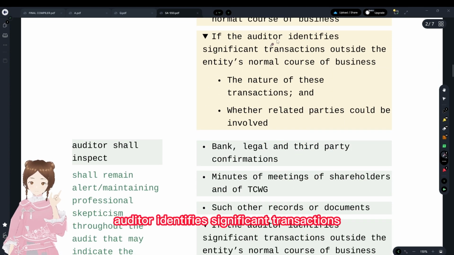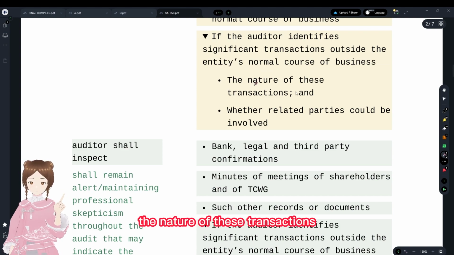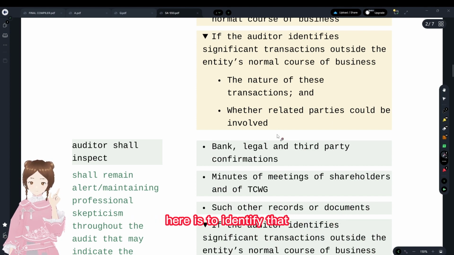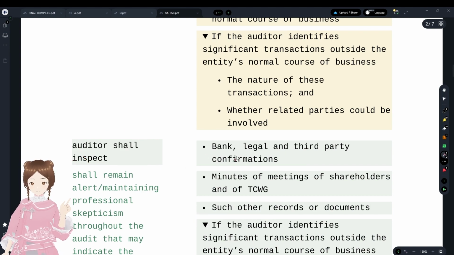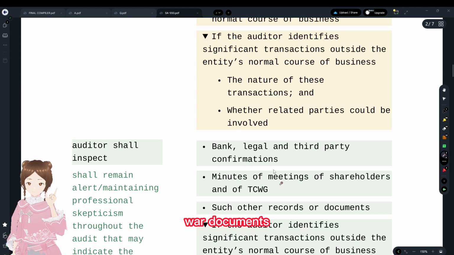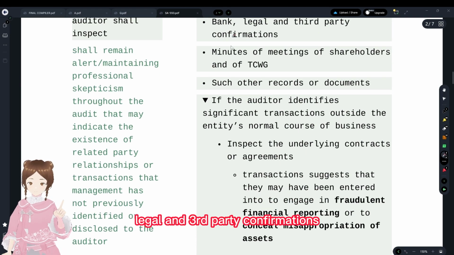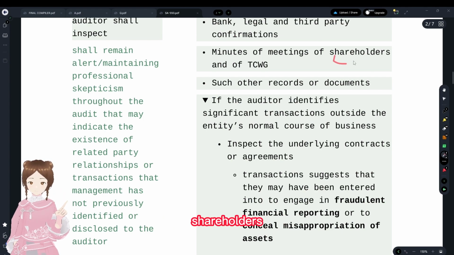And when the auditor identifies significant transactions outside the entity's normal course, what he has to do is identify the nature of these transactions and whether related parties could be involved. And the auditor shall inspect. What he has to inspect: documents with regards to the transactions, all the bank, legal and third party confirmations, and minutes of meetings of shareholders.